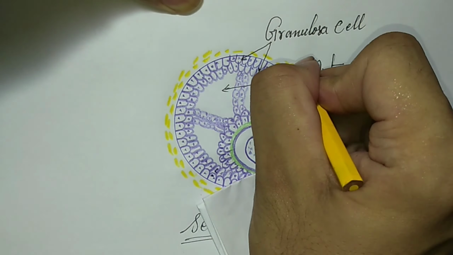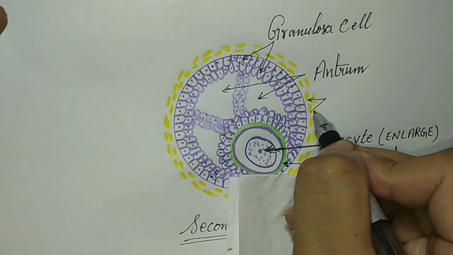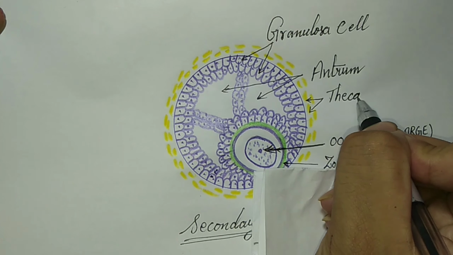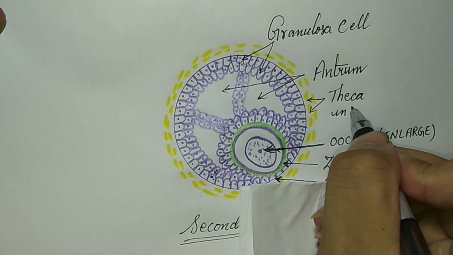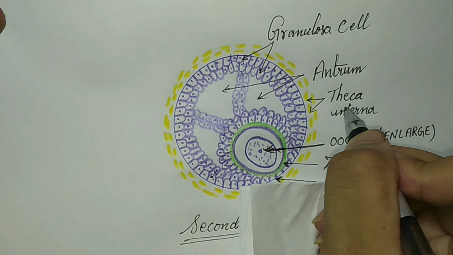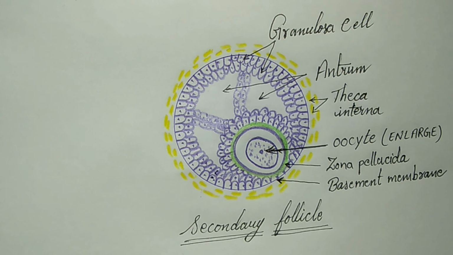Theca folliculi differentiates into two layers. The internal cellular layer is called the theca interna. One point to note here is that theca interna and follicular cells secrete the estrogen.